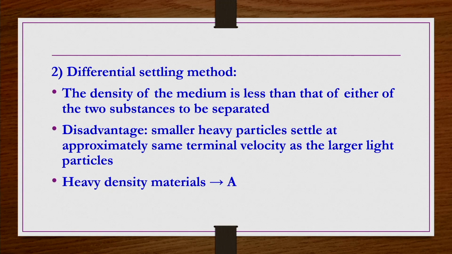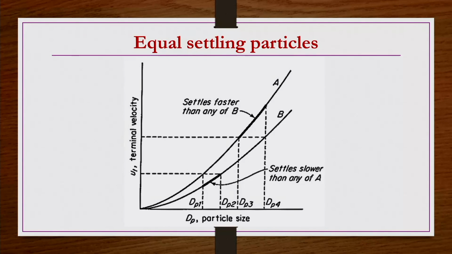Let us assume the heavy density material is designated as A and the lighter density material as B. If you measure their settling velocities for different sizes of these materials, then we can have equal settling particles. Now these are the settling velocities ut with respect to the particle size.